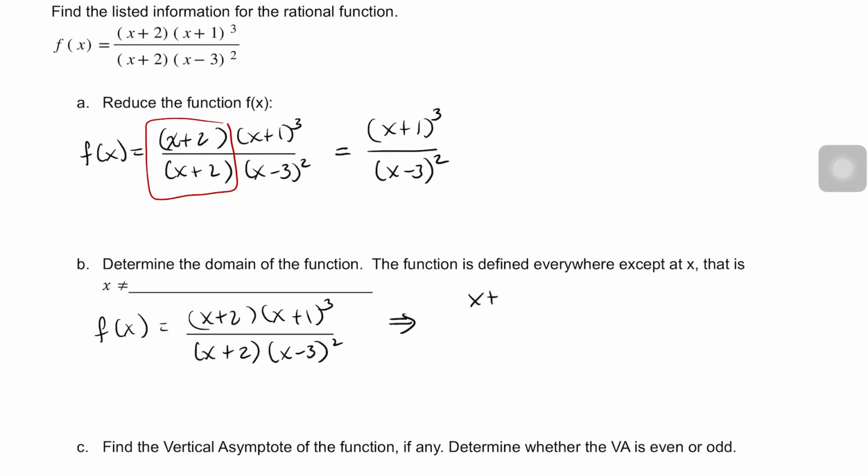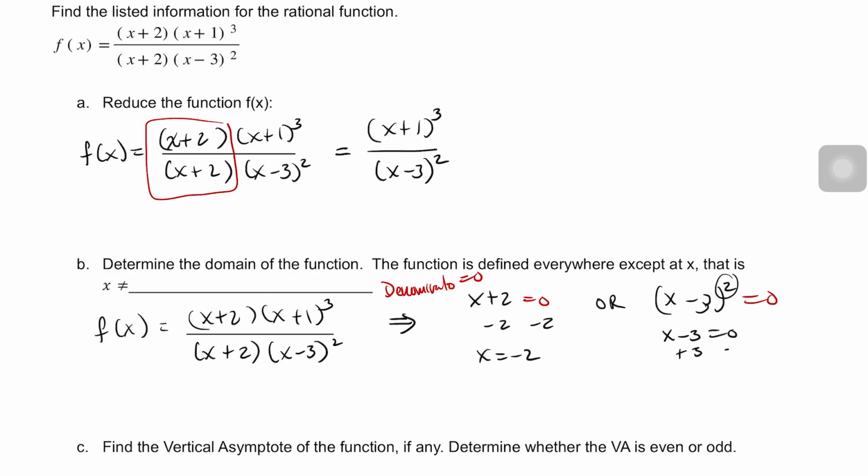So that'll be x plus 2 equals 0, or when x minus 3 squared is equal to 0. In other words, where the denominator is equal to 0, and then we solve for x. So minus 2 on both sides, x equals negative 2. Because we have a square here, the only way that this whole thing is going to equal 0 is whenever the inside is 0.